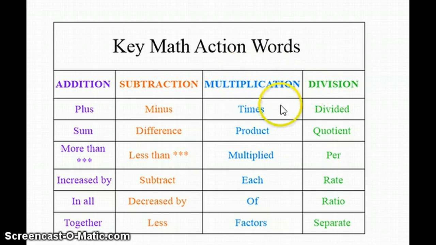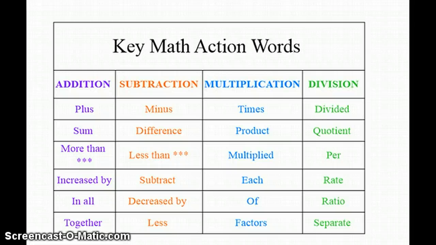For multiplication, we have times, product, multiplied, each, depending on the situation, of, and factors. Division, we have divided, quotient, per, again, depending on the situation, rate, ratio, and separate.